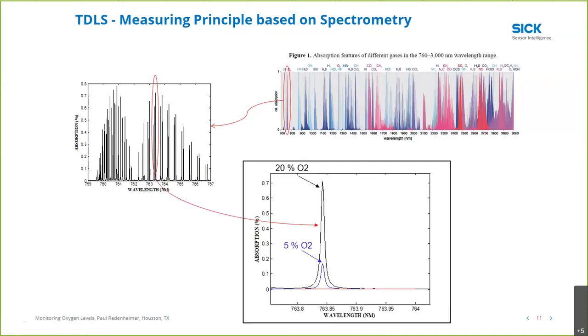And by looking at a single peak and measuring the amplitude of the peak, we're able to determine the oxygen concentration in our sample. Being that this is a very narrow bandwidth, it is extremely selective. So we have very few and very minor background effects. Again, it's a fast measurement, and did I mention that it has no moving parts?